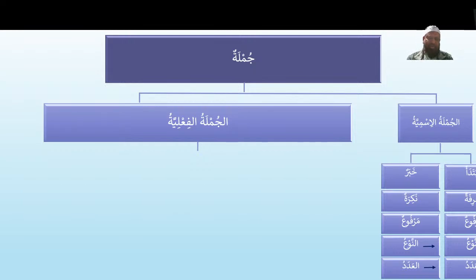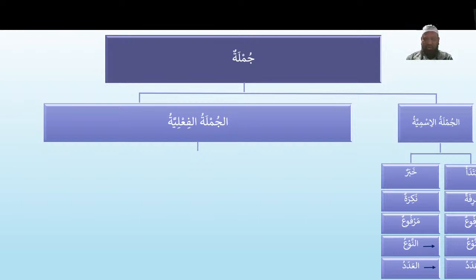Then we added Fi'lun Naqis. What Fi'lun Naqis does is the Mubtada becomes the Ismu Kana wa Akhawatuha, and the Khabar becomes Khabaru Kana wa Akhawatuha. The Ismu Kana remains the same in terms of I'rab.